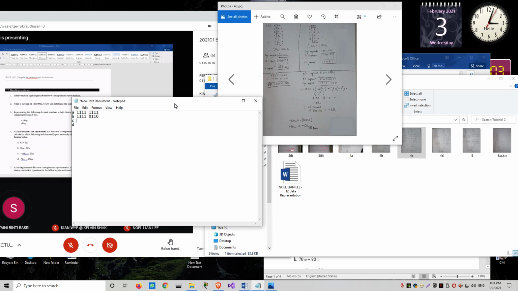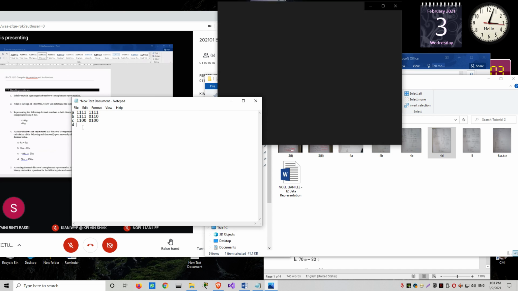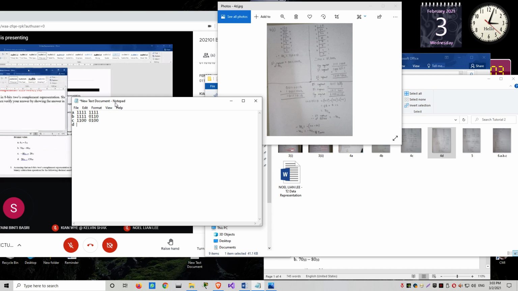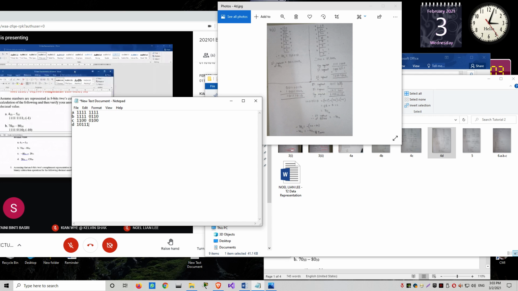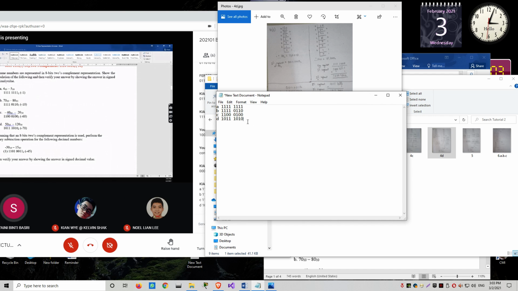Okay, so Kelvin is correct, all correct. But the only step Kelvin didn't show, I mean you didn't answer, is the decimal number. So you need to show the steps too, after the decimal number.